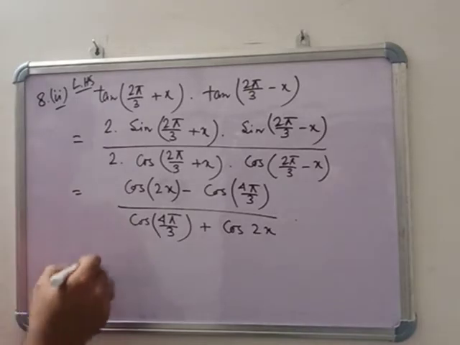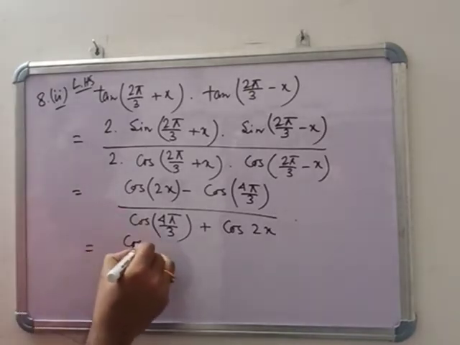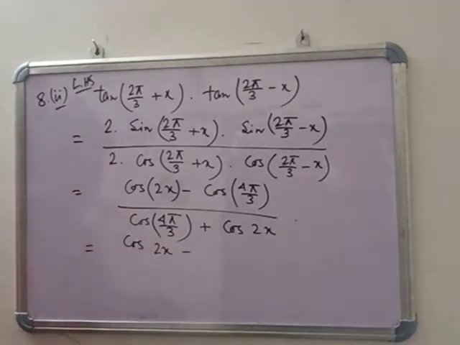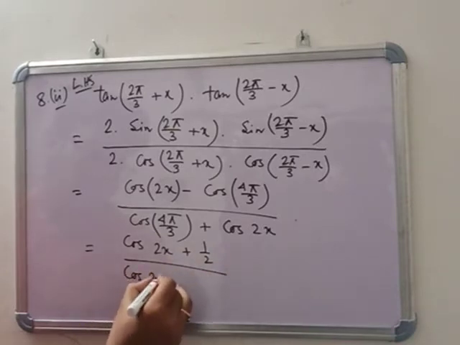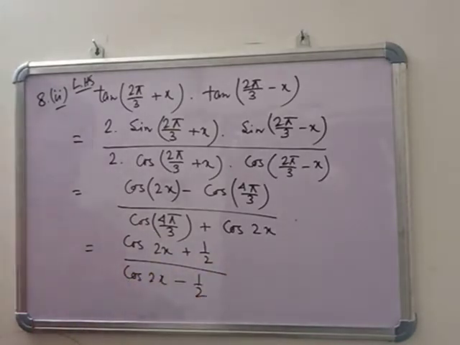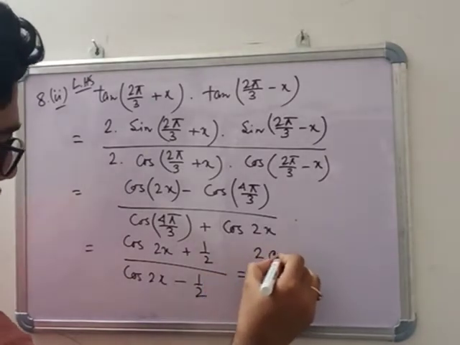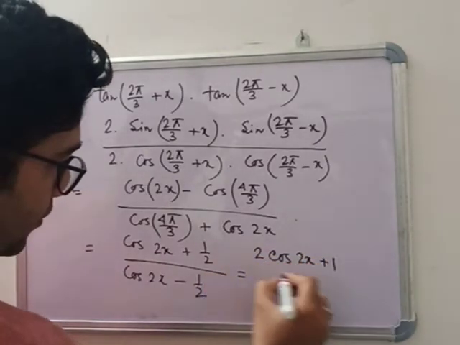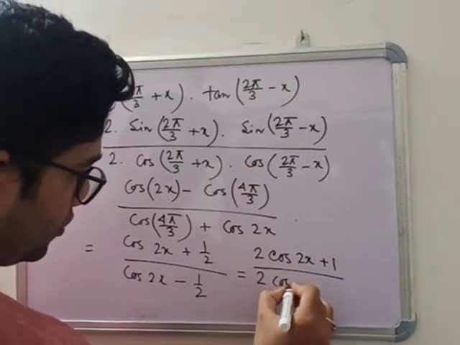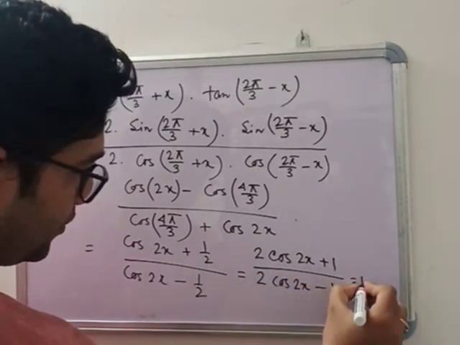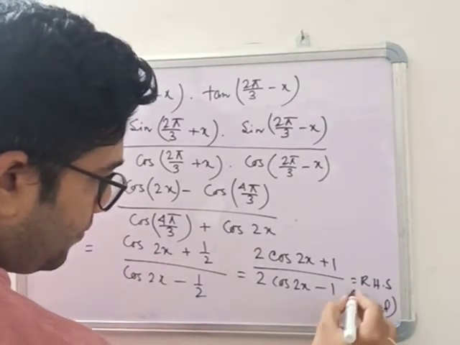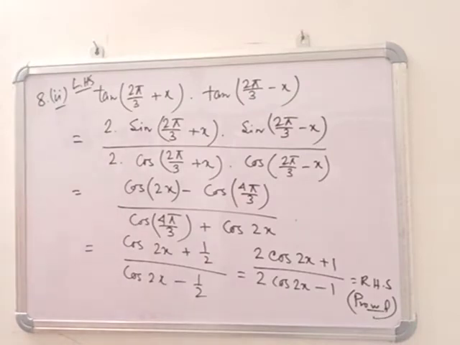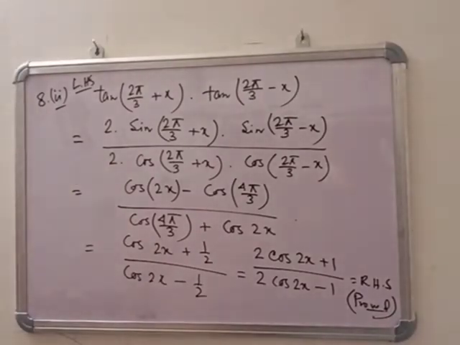Okay, so that means we can write cos of 2x plus half, and cos of 2x minus half. So if we calculate, we get cos 2x plus 1 by 2 over cos 2x minus 1 by 2, which is the given RHS. Okay, good. Next one.